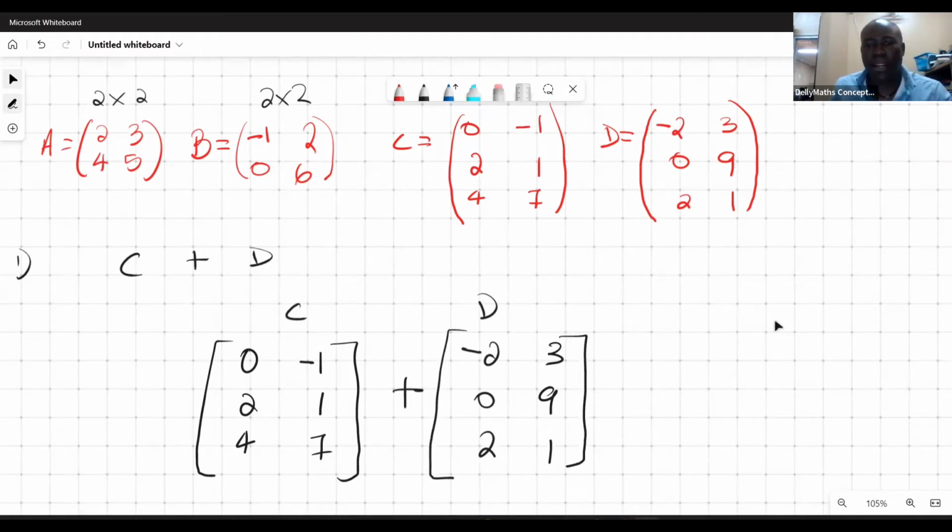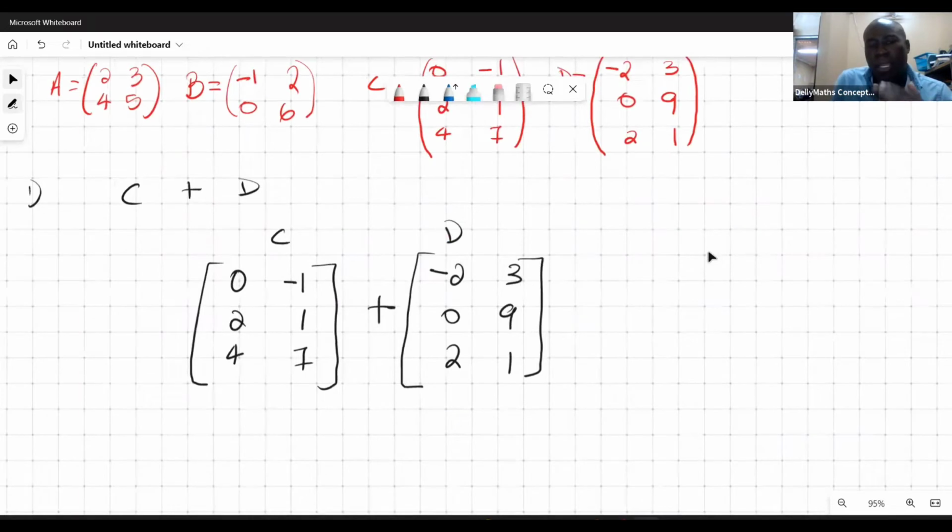Remember that we can only add or subtract elements that are actually in the corresponding position, which means that we're looking for matrices that are of the same order. So this is a 3 by 2 matrix. This one is a 3 by 2 matrix as well. So yes, it qualifies those criteria for them to be added.